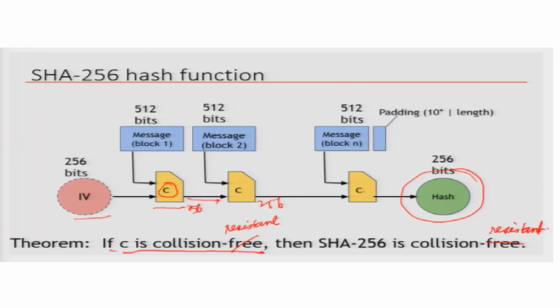Also, it is easy to implement in hardware like symmetric encryption, and therefore it is very fast to compute. It can be computed very fast, and with hardware support it can be done even faster.